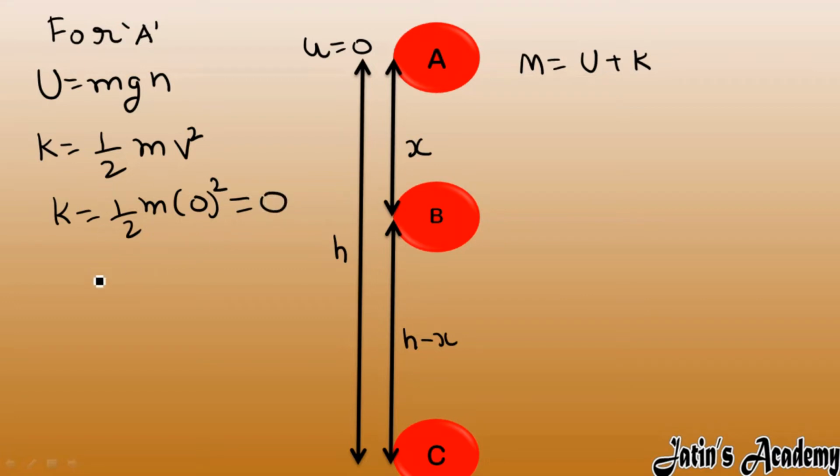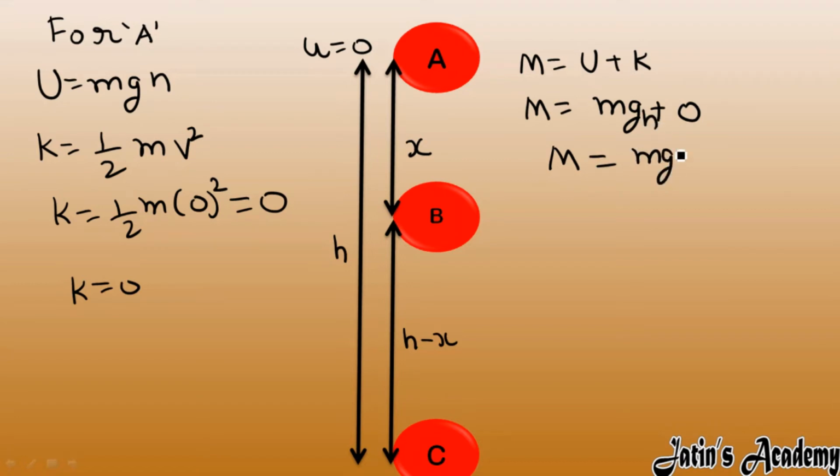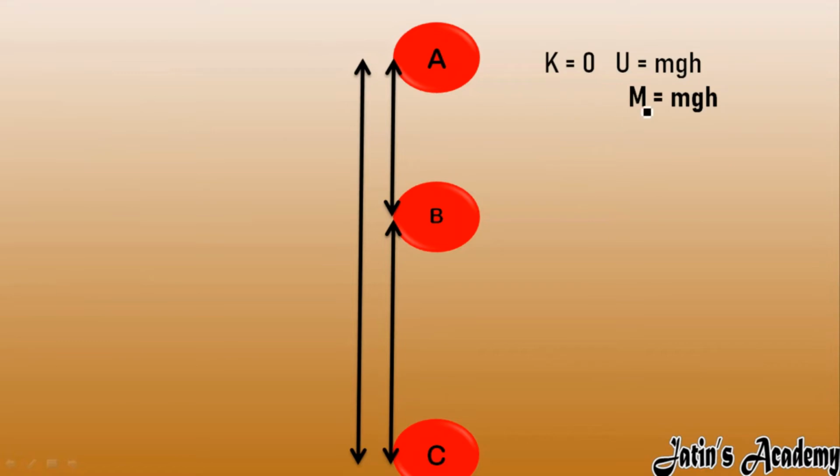So now we have kinetic energy 0 and potential energy mgh. So we write M equals U plus K, here we have mgh, and kinetic energy 0. So total mechanical energy we got is mgh. Clear? So total mechanical energy at point A is mgh.